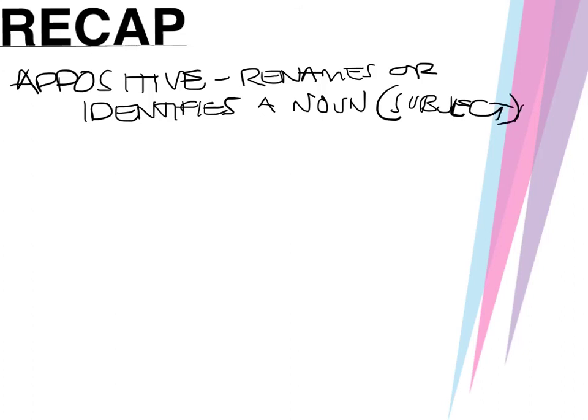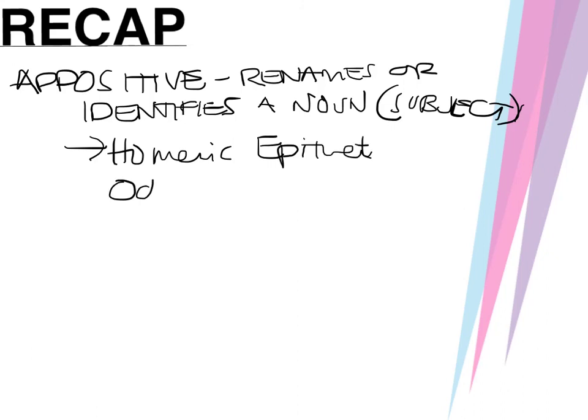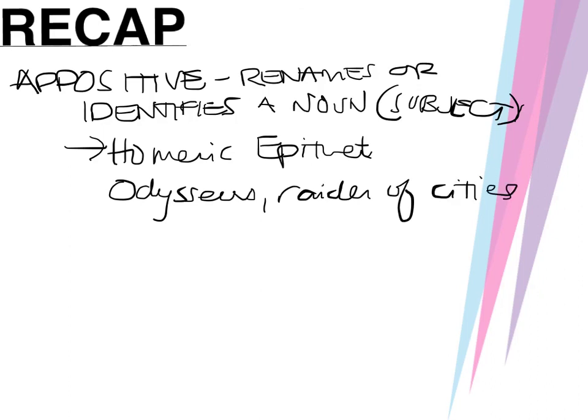And a good example of this that we are familiar with is that Homeric epithet, Odysseus, raider of cities, is an example of an appositive phrase.